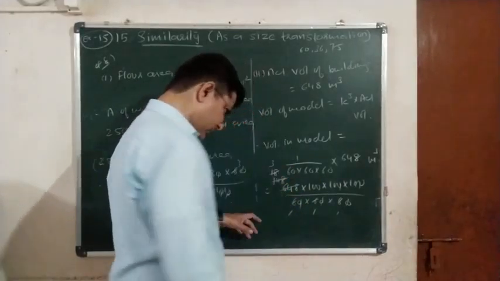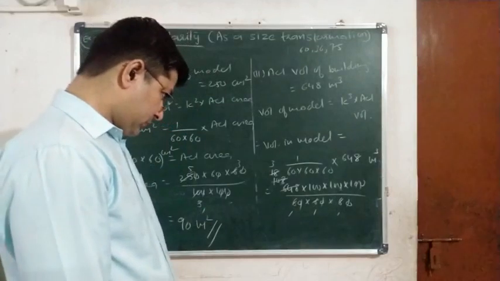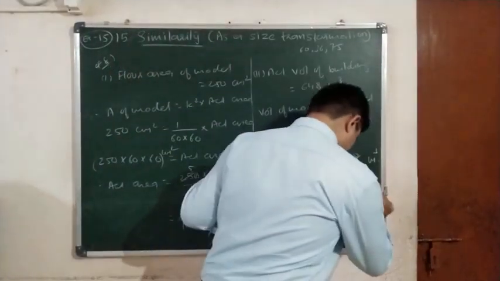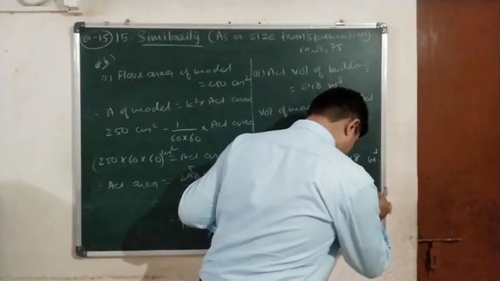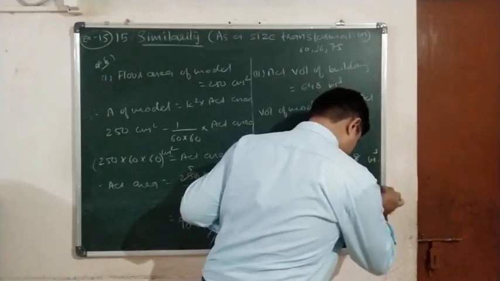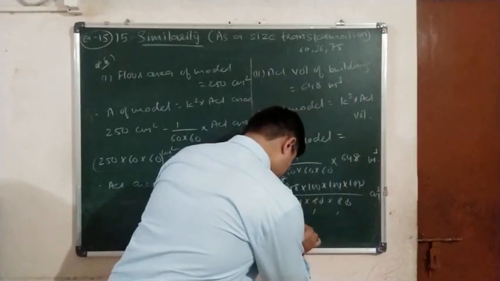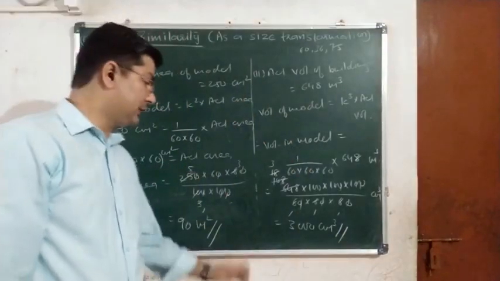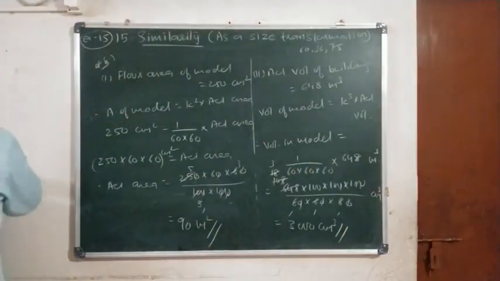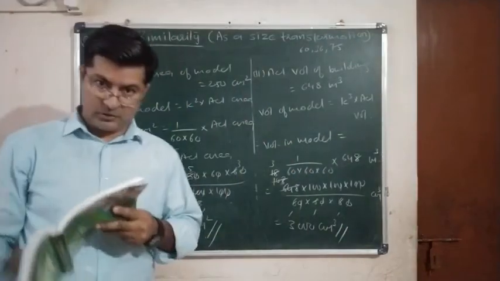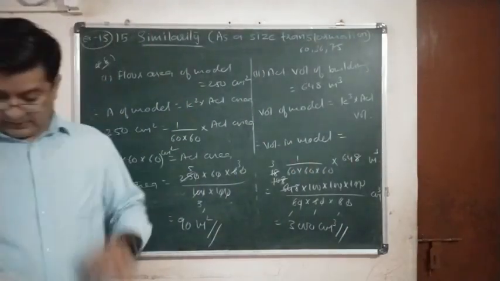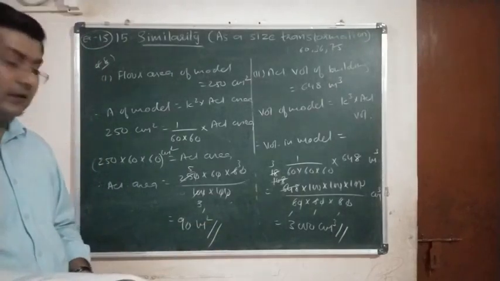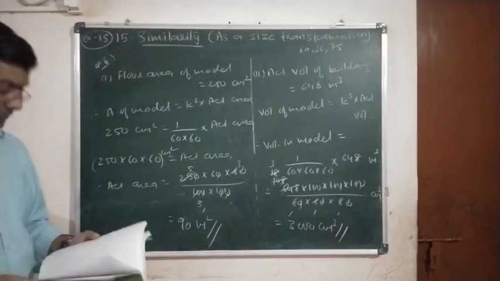Okay, so we get 3000 cubic centimeters, yes or no? 3000 cubic centimeters. This is the volume in the model in cubic centimeters. Clear? You can keep the model volume in cubic meters also. Okay, so this is the answer. If you want to convert, then you have to divide by 100 into 100 into 100, but no need. You keep it in cubic centimeters only.